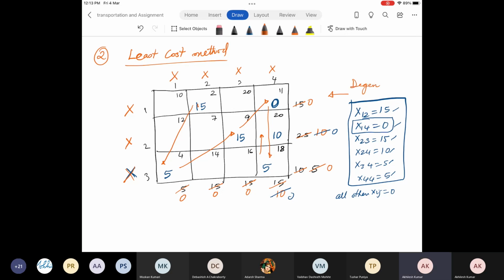You are going forward but forgetting all the previous syllabus. A degenerate solution. One of the basic variables has become 0. You remember that? Yes, sir. Now, tell me what is the Z value here?